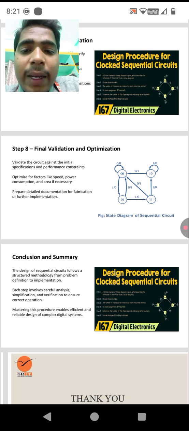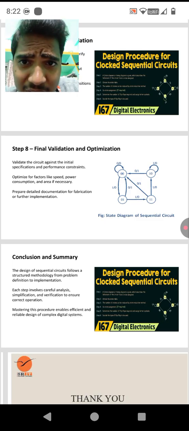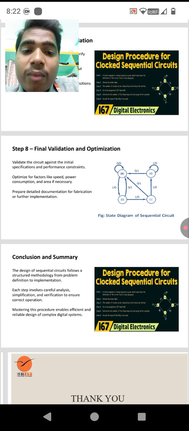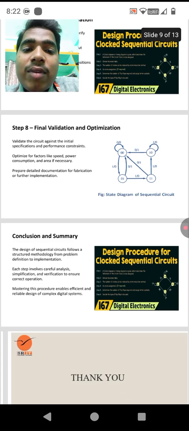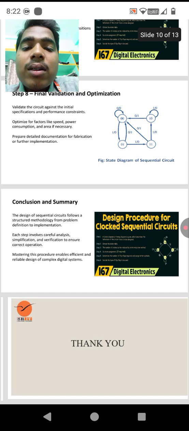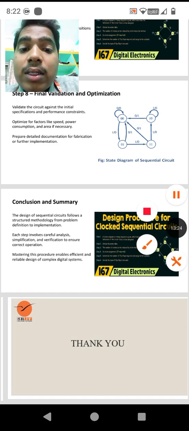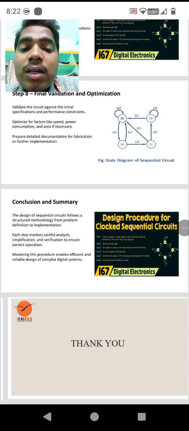Prepare detailed documentation for fabrication or further implementation. State diagram for a sequential circuit. Finally, this is the design procedure for clocked sequential circuits.